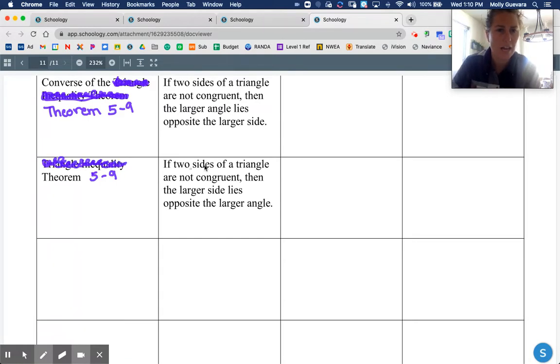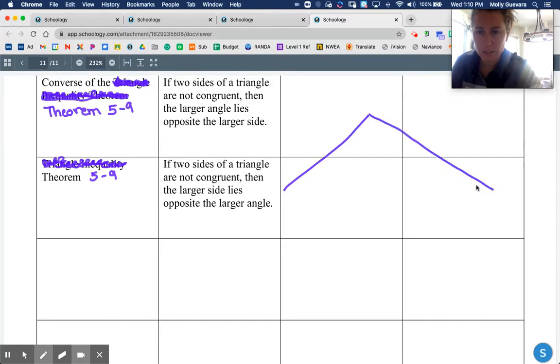But here, theorem 5-9 says, and I'm going to draw one diagram for both of them because it's really all we need, that the largest side of a triangle is across from the largest angle. Vice versa, the smallest side of a triangle lies across from the smallest angle of the triangle.